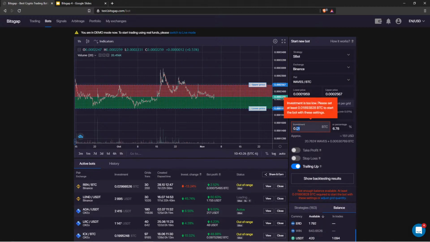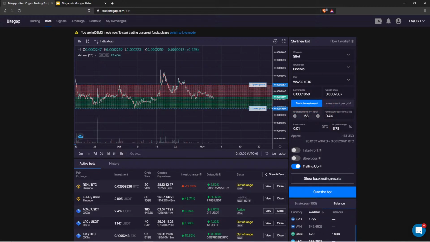So if you want to stick to the allocation of 0.01 BTC, then you need to adjust the grid quantity. So it will actually reduce the amount of grid levels. So you see, in order to launch the bot with this amount of investment, 0.01 BTC, the maximum of 68 grid levels is possible for this investment allocation.